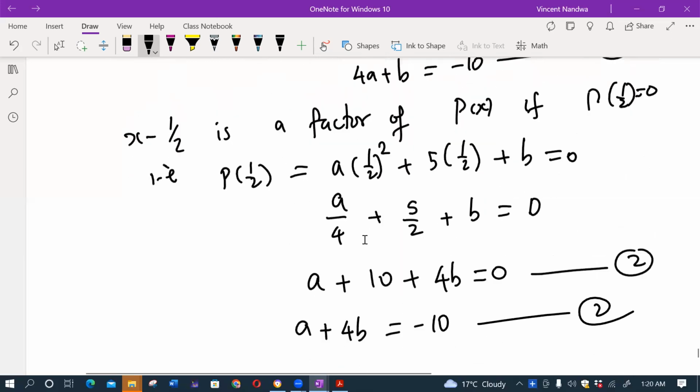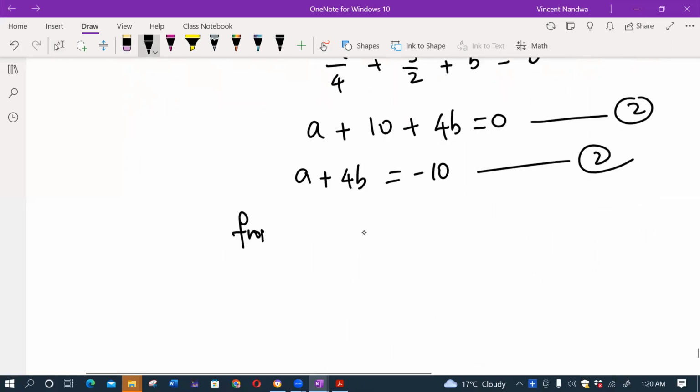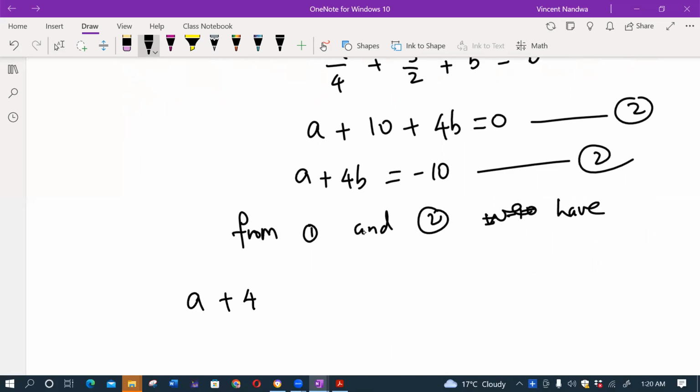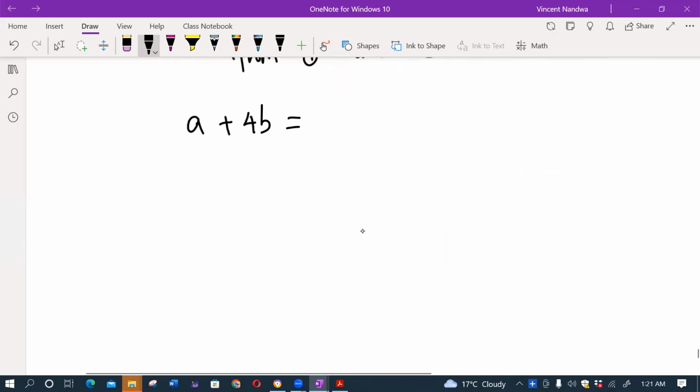Now, if we claim that from 1 and 2, we are claiming that each of them is equals to negative 10. So we have a plus 4b equals to 4a plus b, which is equals to minus 10.